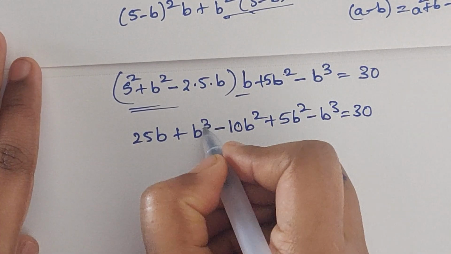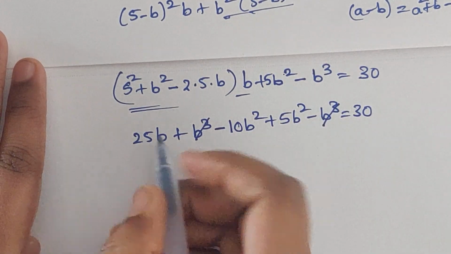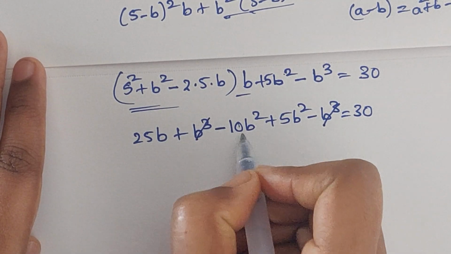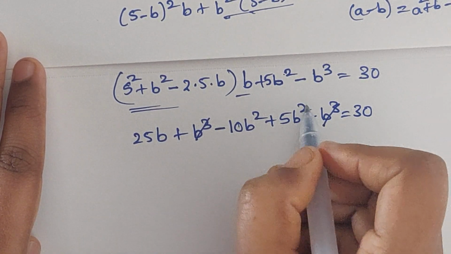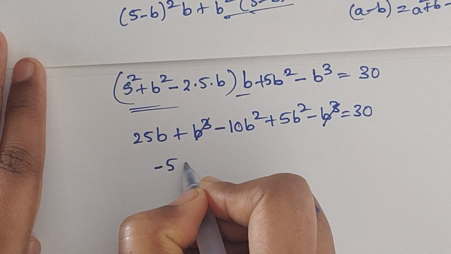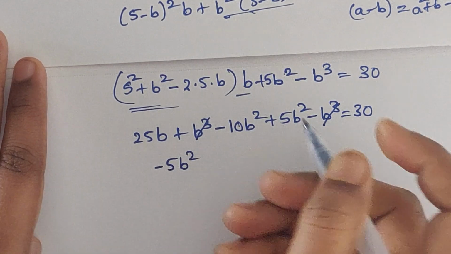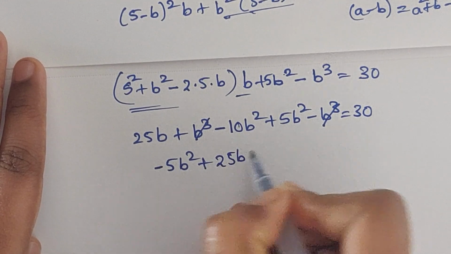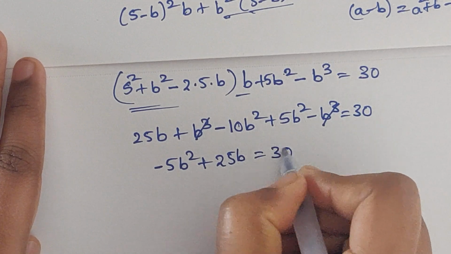So here b cube gets cancelled and 25b is there. Here minus 10b square plus 5b square, which is equal to minus 5b square. So here plus 25b is there, equal 30.